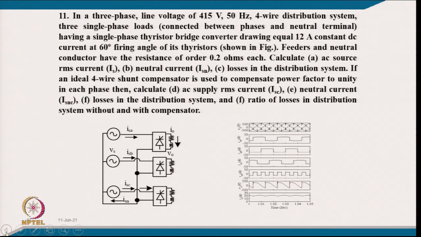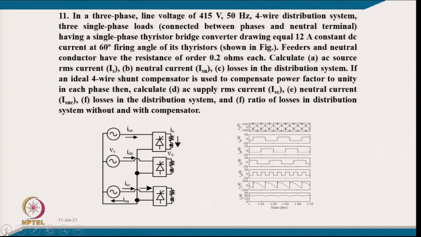Calculate the AC source RMS current, neutral current, losses in the distribution system, and if an ideal 4 wire shunt compensator is used to compensate the power factor to unity in each phase, then calculate the AC supply RMS current, neutral current, and losses in the distribution system, and the ratio of losses in the distribution system without and with compensator.